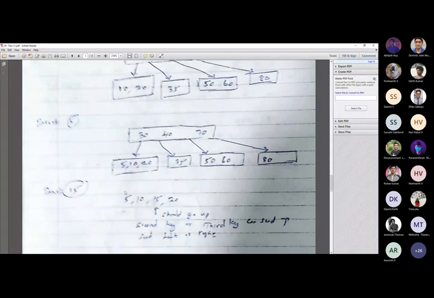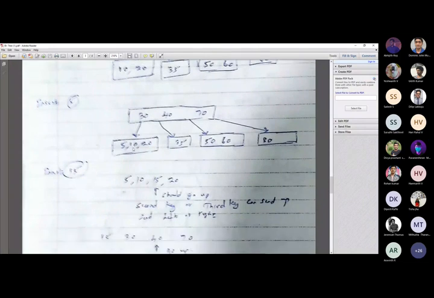Once you insert 15, you cannot have more than 3 key values in the leaf node, so you are going to split. You split 5, 10, 15, 20, and 15 has to go up. And the root node already has 3 keys, so the root node can accommodate only 3 keys.